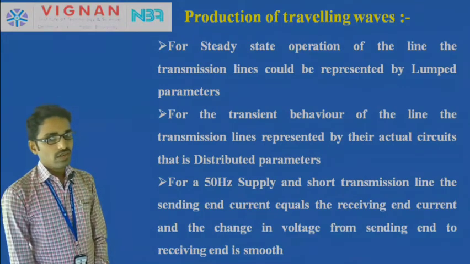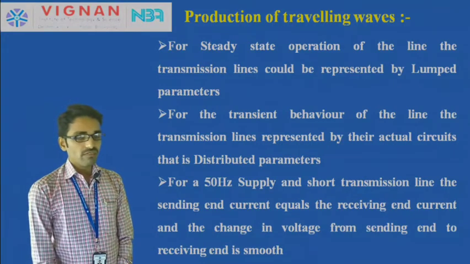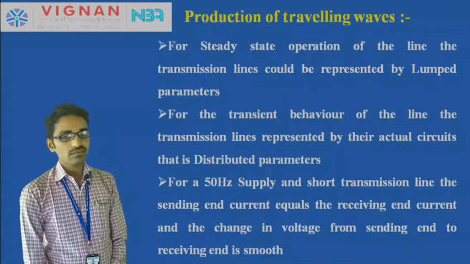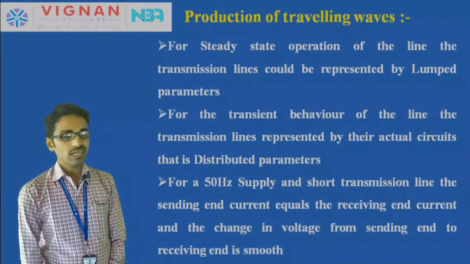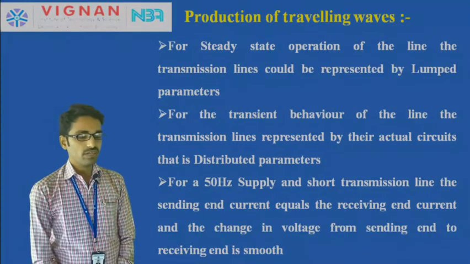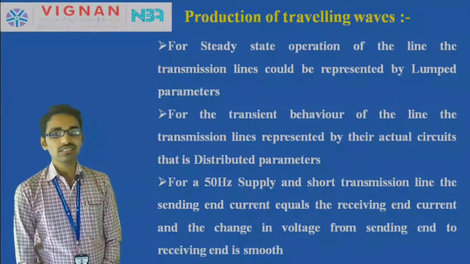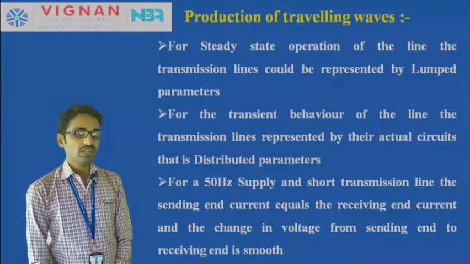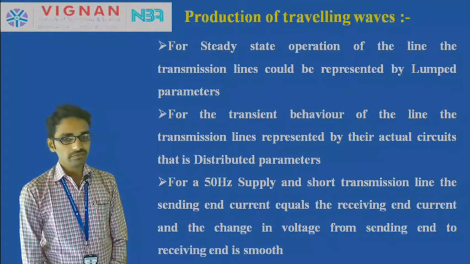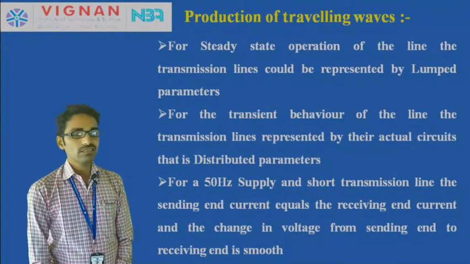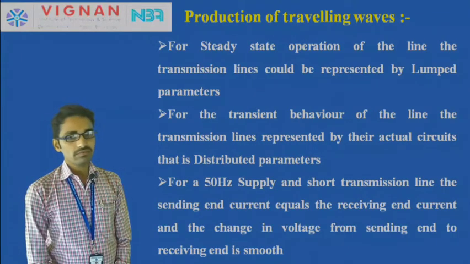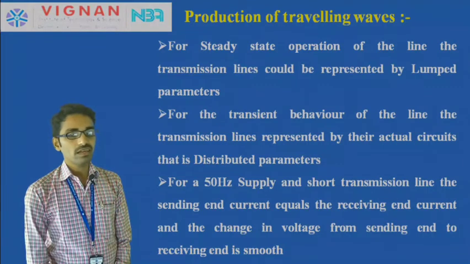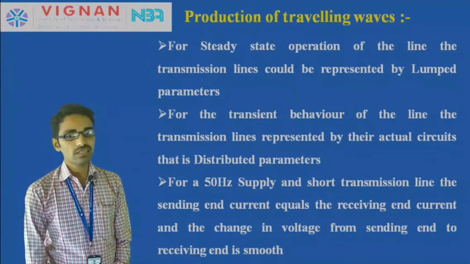As we know, we have the transmission line. The transmission line we are going to study with the help of two conditions mainly. One is a steady state condition, another one is a transient condition. If you go for the transient condition, what is the transient? Transient condition is nothing but the magnitude of the wave is very high within a short duration of time.